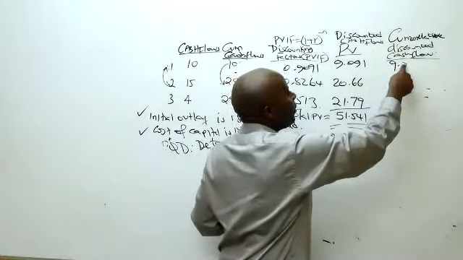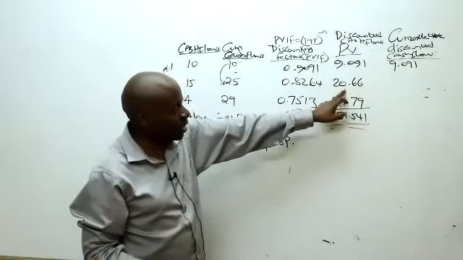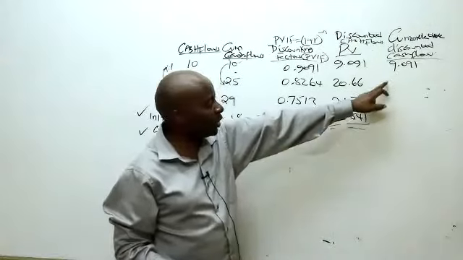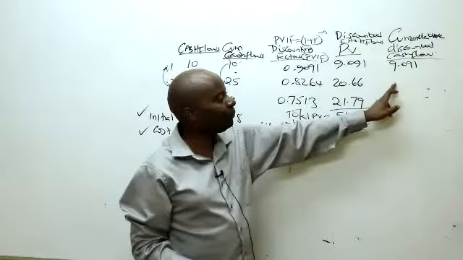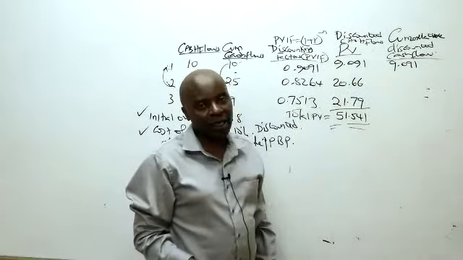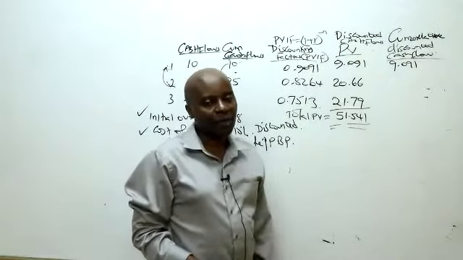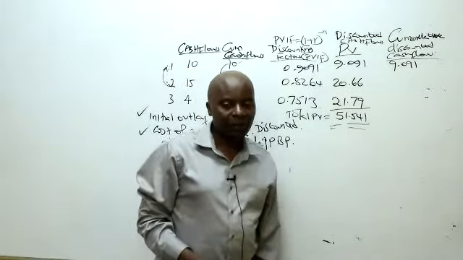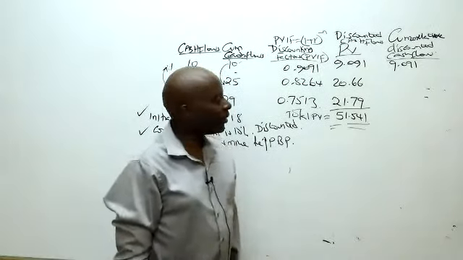Somebody, 9.091. Come and add the 9.091 to this figure, and give me the cumulative cash flow for this. 9.091 plus 20.66. What do we have there? 29.75.